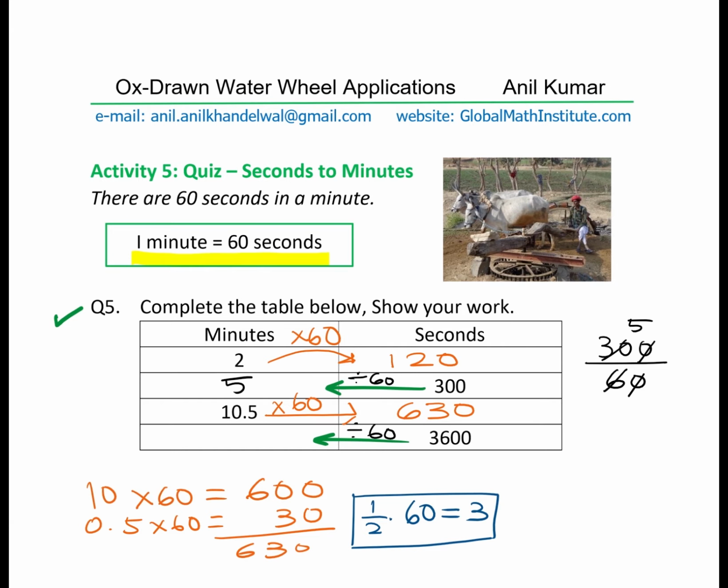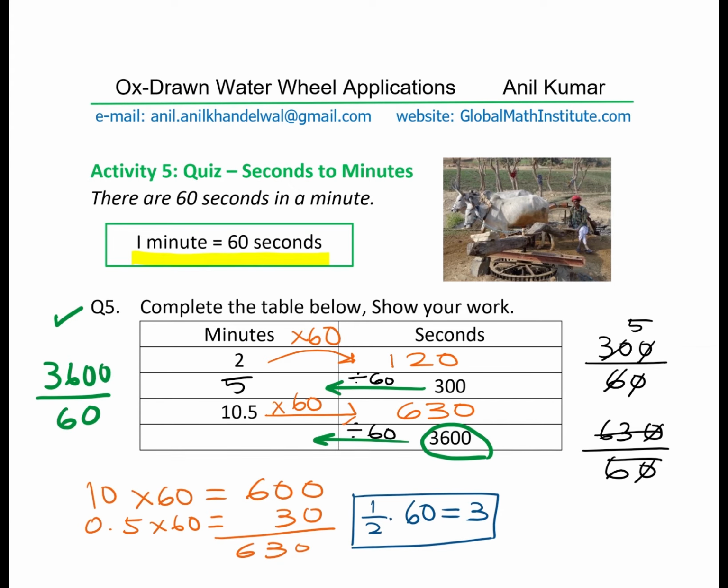Now when you have 630, let's do this also. 630 divided by 60. Do you see this method? Cancel zeros. It is as good as dividing by 10, right? Sorry, this was 3600 which you want to do. Sorry. We have to do this one. 3600. Let me redo. So we have 3600. We have to divide this by 60.